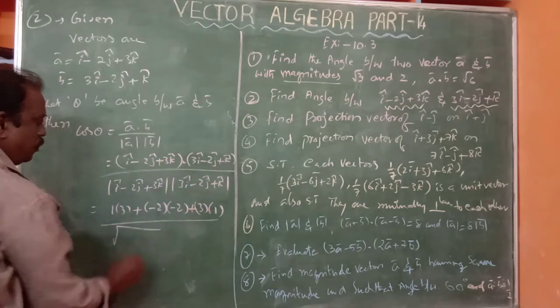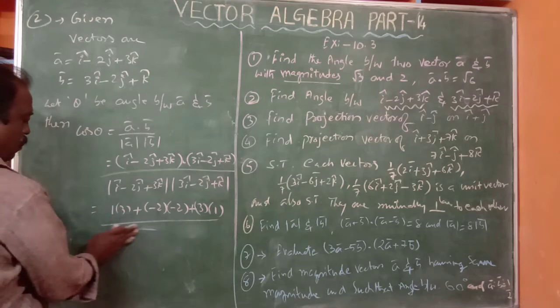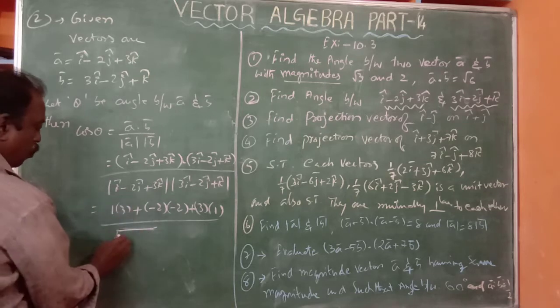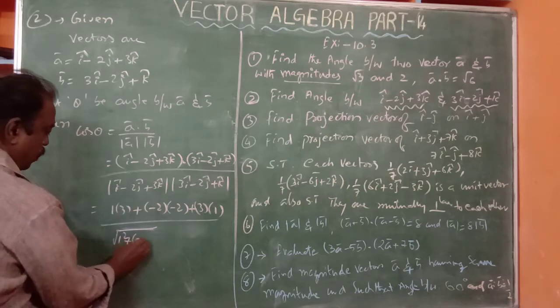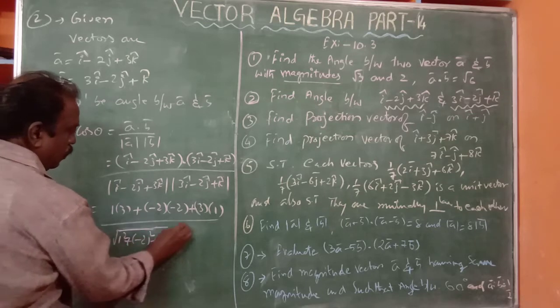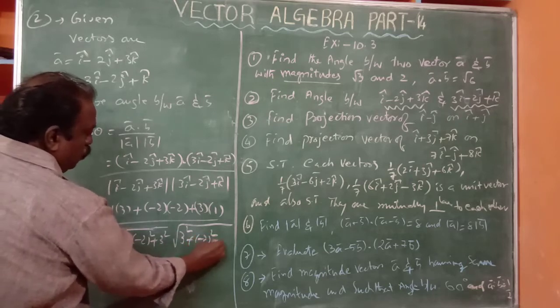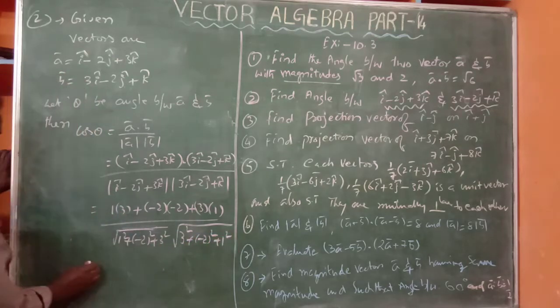For the magnitude, it is the square root of 1 square plus minus 2 square plus 3 square, and likewise 3 square plus minus 2 square plus 1 square.